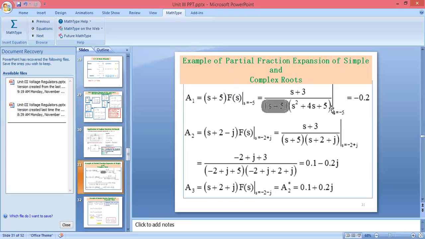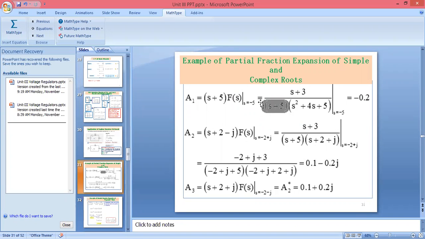I am writing this as it is, but if you solve this, we multiply numerator and denominator by s plus 3 and you will get the same value. You will get s plus 5. If you take s equal to minus 5, you will get the value minus 0.2.